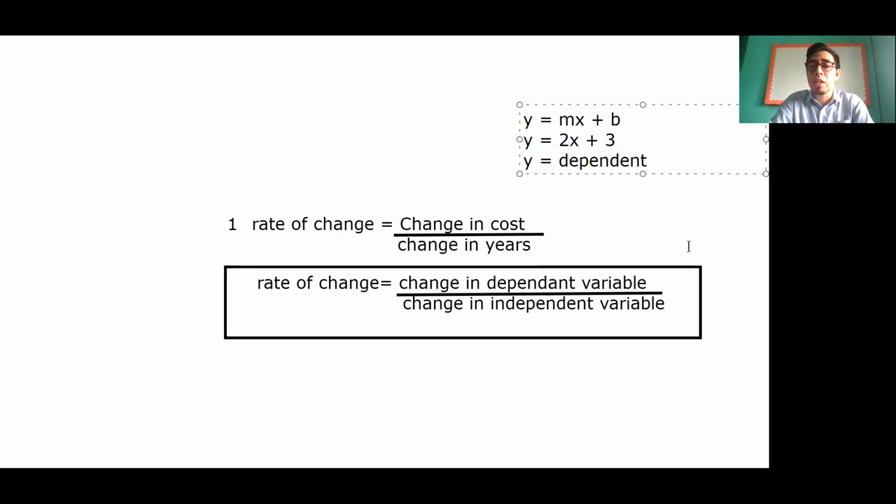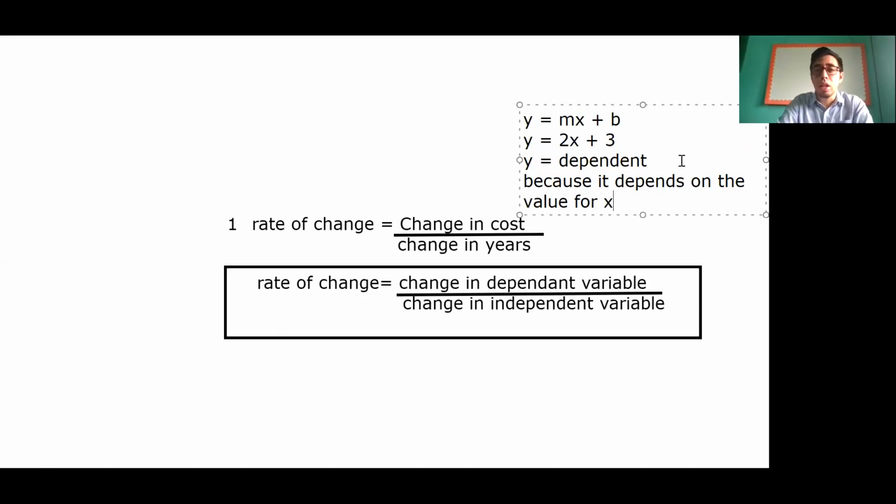So y is the dependent, because it depends on the value for x. Can you see it? If you change the value of x, the value of y is going to change.